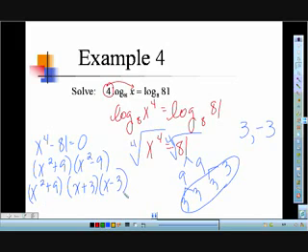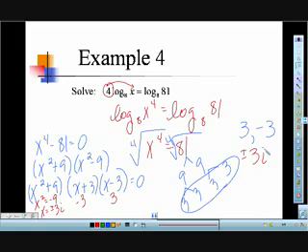And we can set each one of these equal to 0 to solve. So here we know negative 3. Here we're going to get 3. And then when you solve this one, you're going to get x squared is equal to negative 9, which means x is equal to plus or minus 3i.